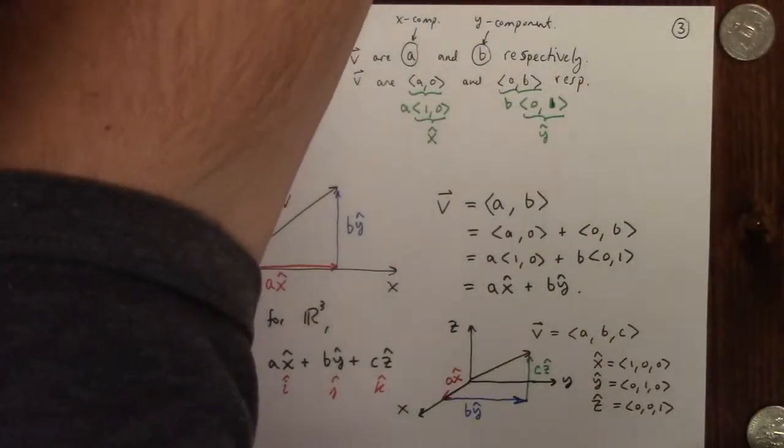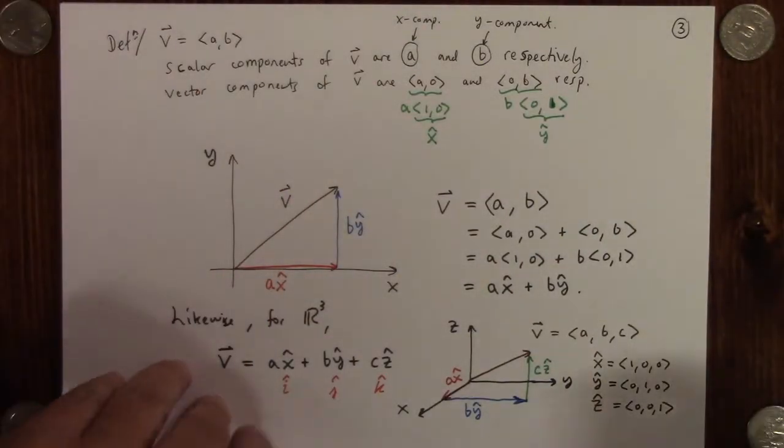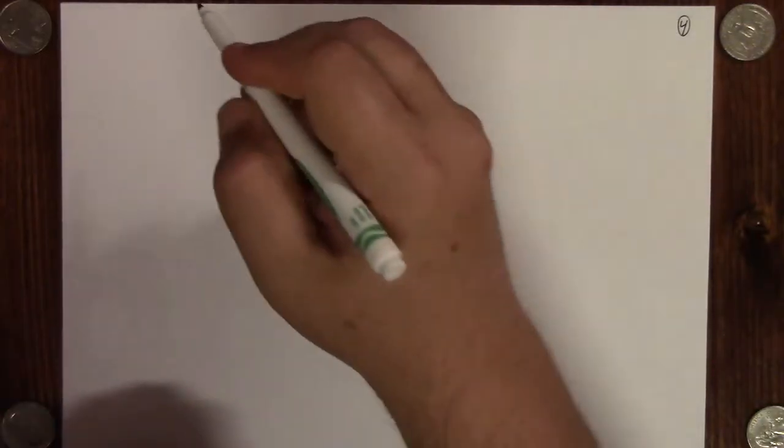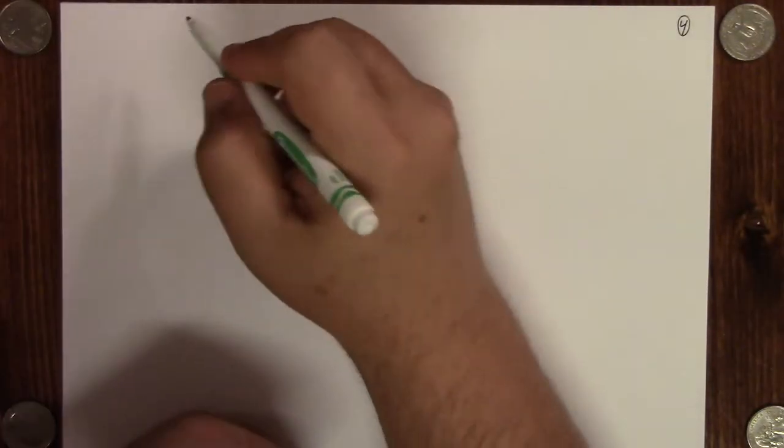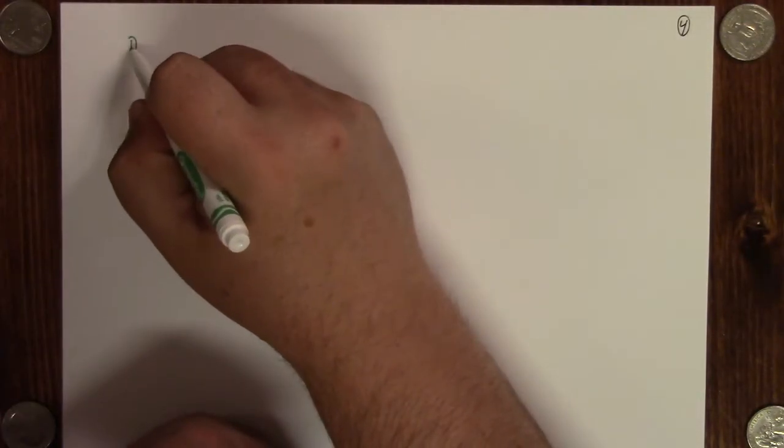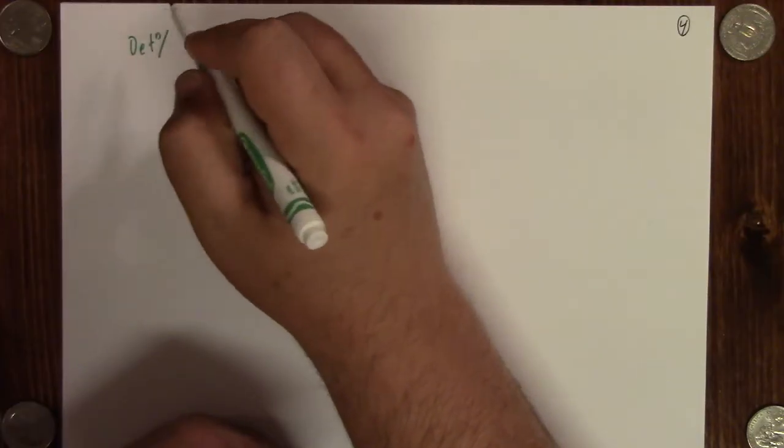Okay, so let's talk about the length of a vector. We could understand it to simply be the distance from the origin to the point that the vector points to. You could think of it that way, but I'll just state a definition for us.